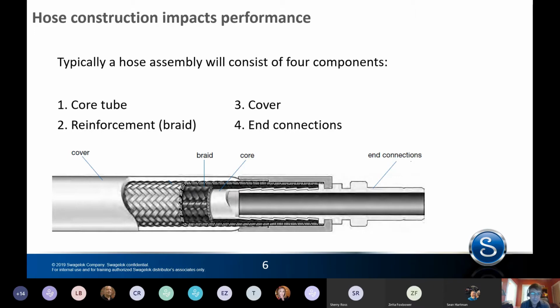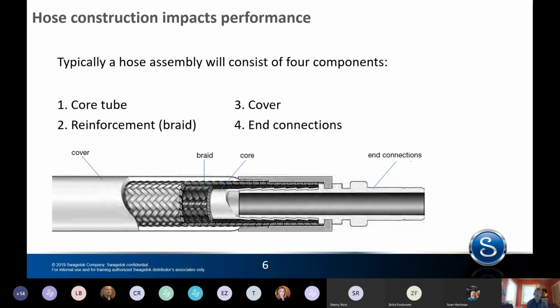So the core material is very critical in selecting the right hose, but the actual core itself only withstands about 50 psi of pressure, which is in the neighborhood of your garden hose, really, for that matter, much less than an airline that you would have in a shop air.